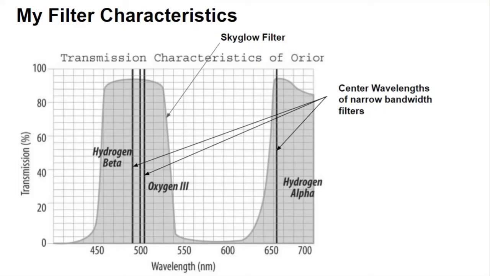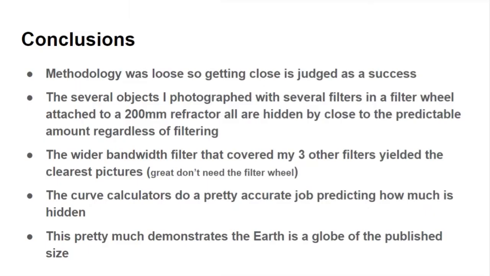Here's the filter characteristics and what the wavelengths are of each filter, so you can get some idea. The filter bandpass you see here is actually the Sky-Glo filter. So my methodology is kind of loose, but if I get kind of close, I think it's a success.